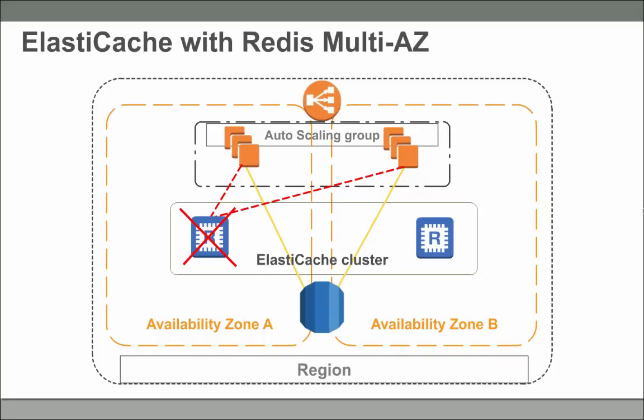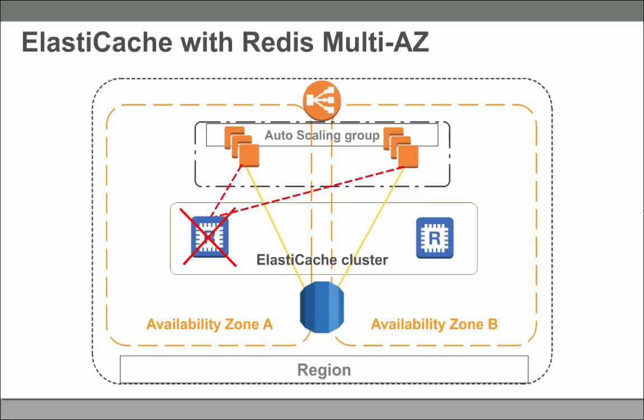So in the unlikely event of a primary node failure, what will happen is ElastiCache first of all detects this automatically, and we have a robust detection algorithm that makes sure that if a node fails, we know that it fails, but we also maintain very low false alarms so that we are not too quick to trigger on failed nodes.